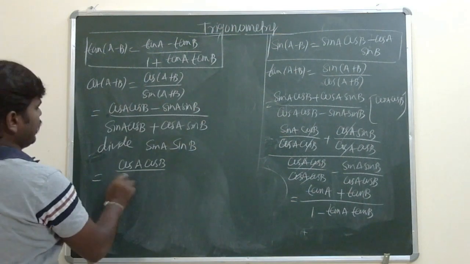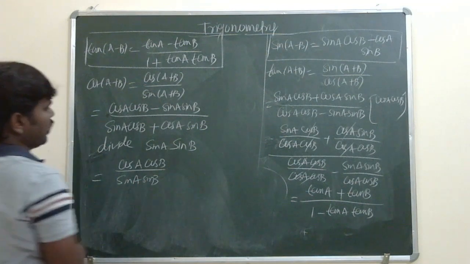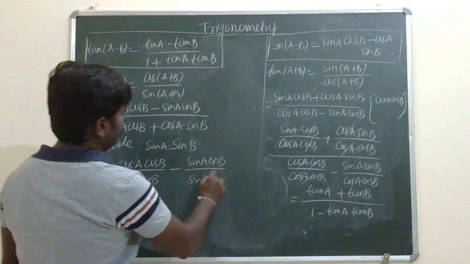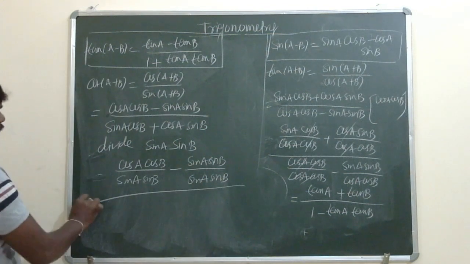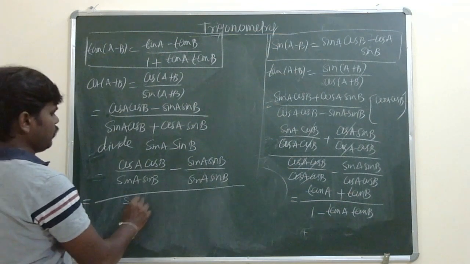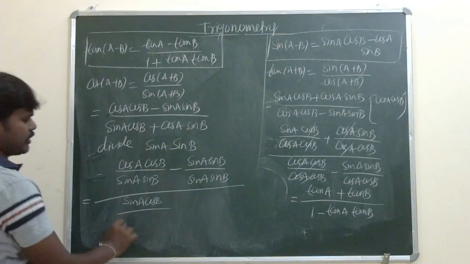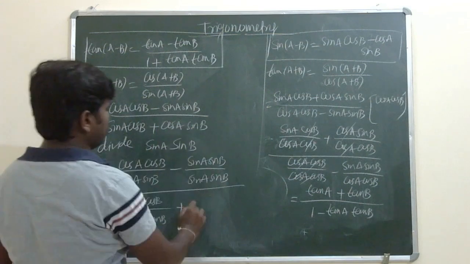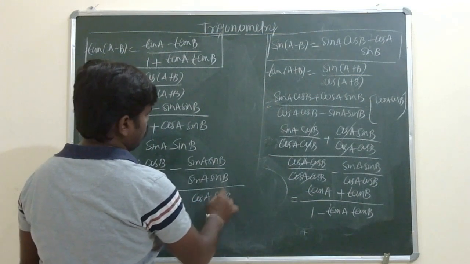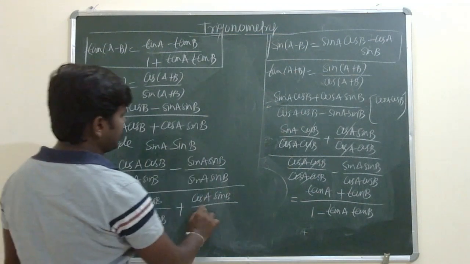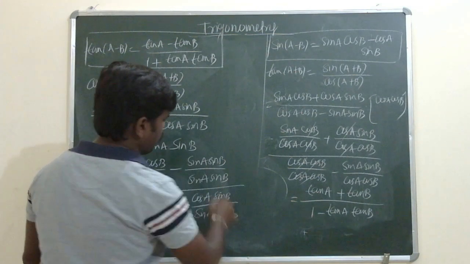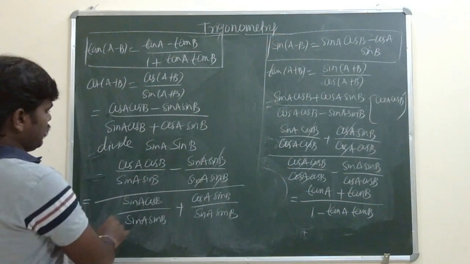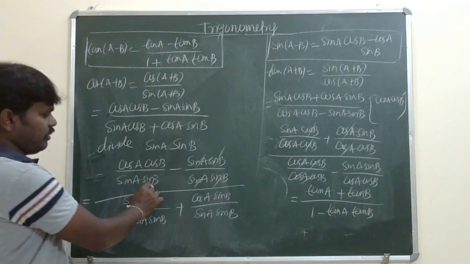Cos A cos B by sin A sin B minus sin A sin B divided by sin A sin B, whole divided by sin A cos B divided by sin A sin B plus cos A sin B divided by here this sin A sin B. Okay, so here sin A sin B will get cancelled, and here cos B by sin B and cos A by sin A.